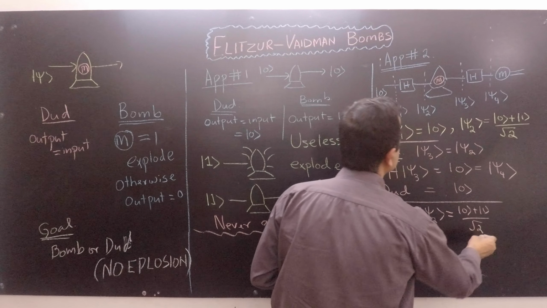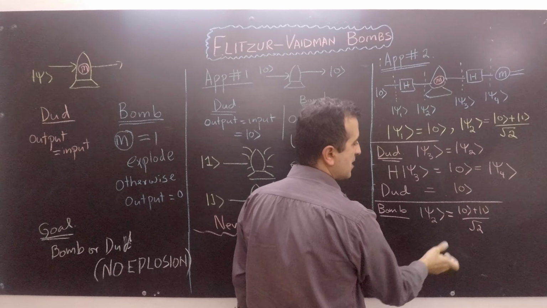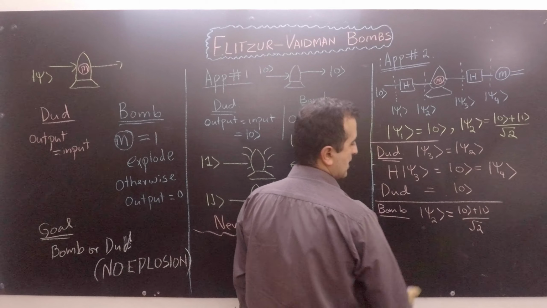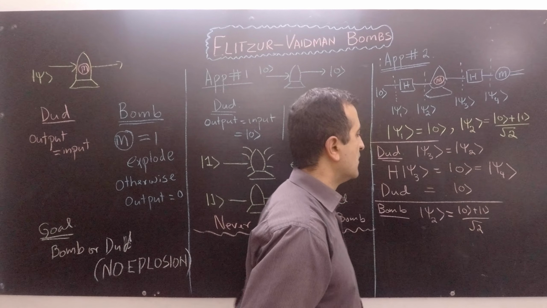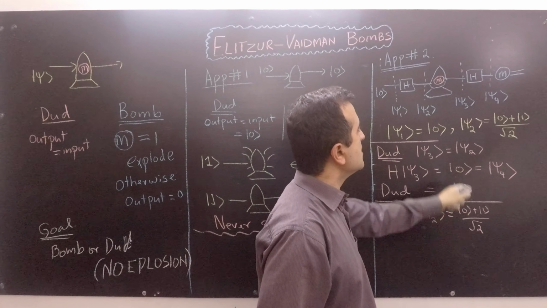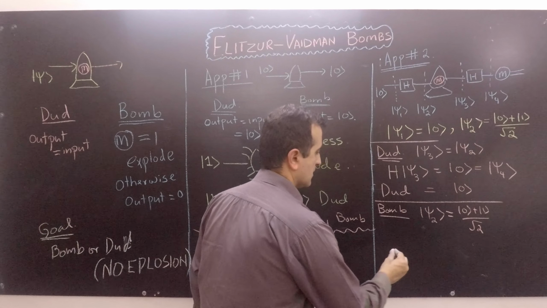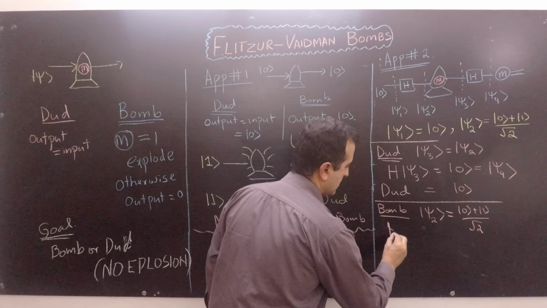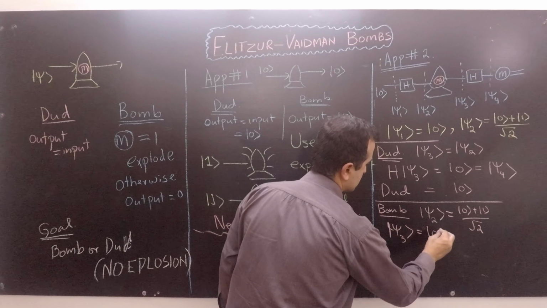The measuring operator inside the device will measure the superposition, and when the measurement outcome was 1, then the device will explode, and when the measurement outcome was 0, then ket psi 3 will be equal to ket 0.